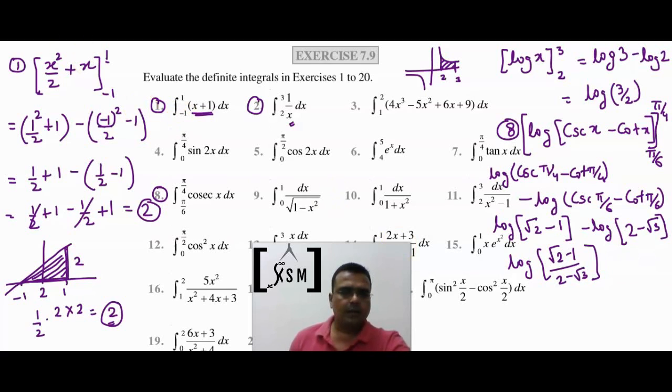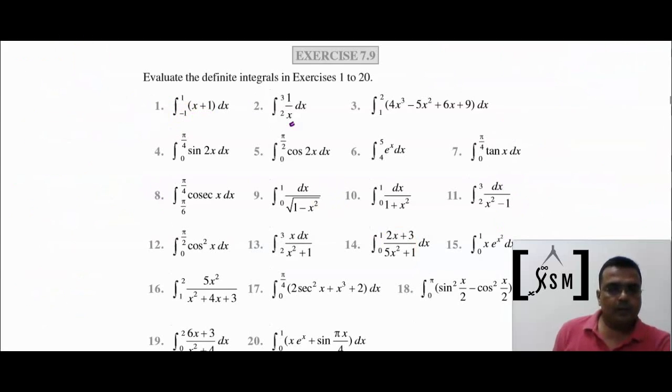Have a look at the next question. We see here numerator is linear and denominator is quadratic, right? Remember guys, while doing integration we had done that if numerator is linear and denominator is quadratic, we suppose the numerator as a times derivative of denominator, plus b.